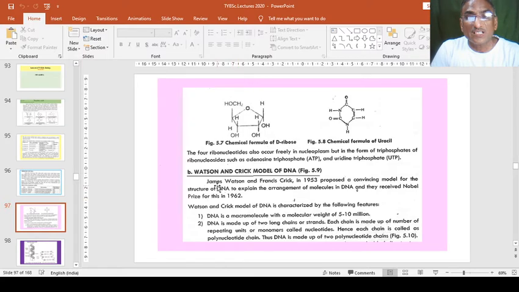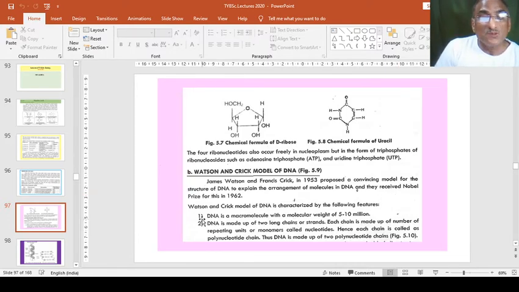The names are James Watson and Francis Crick. Watson and Crick in 1953 proposed a convincing model for the structure of DNA to explain the arrangement of molecules in DNA, and they received the Nobel Prize for that.